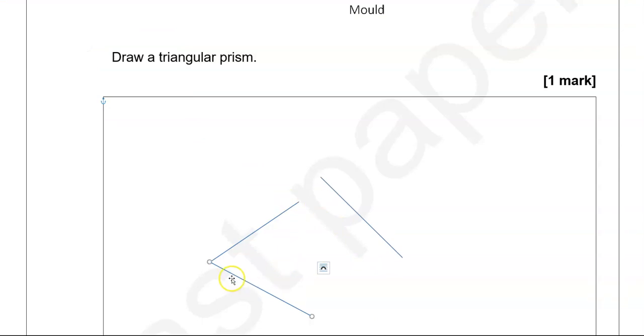Actually, it might be better if we do it this way. So starting with the triangle.